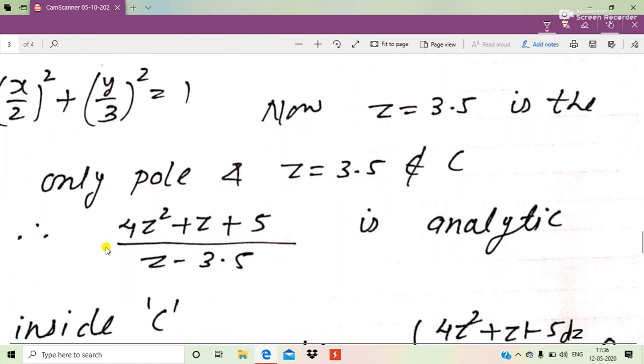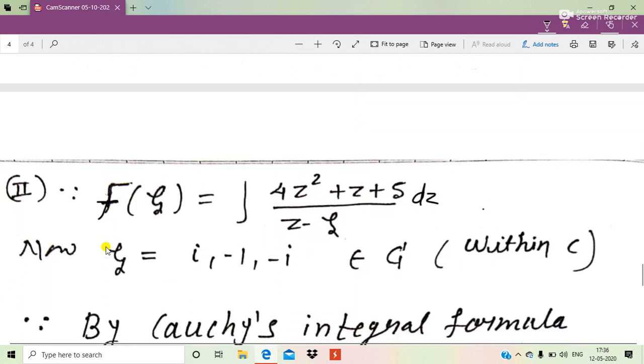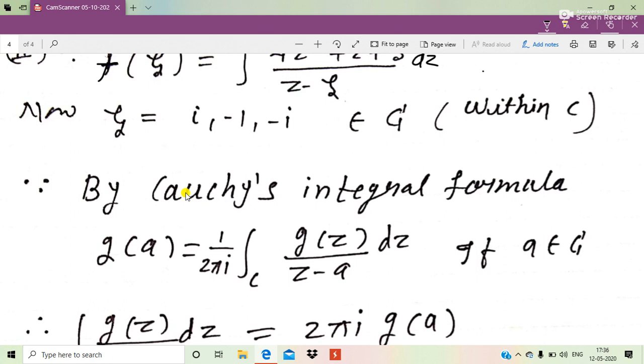Therefore we use Cauchy's integral formula. So Cauchy's integral formula says that g of a is equal to 1 upon 2 pi i times the integration along the closed curve C of g of z upon (z minus a) dz, where g of z means the numerator.